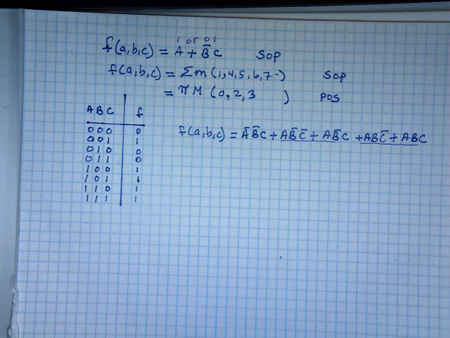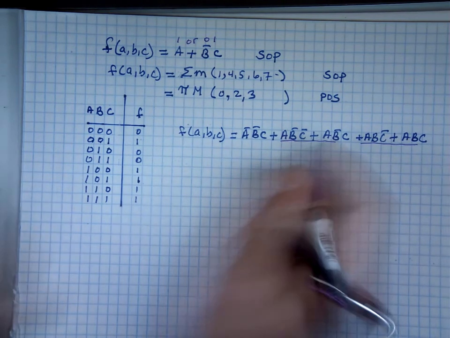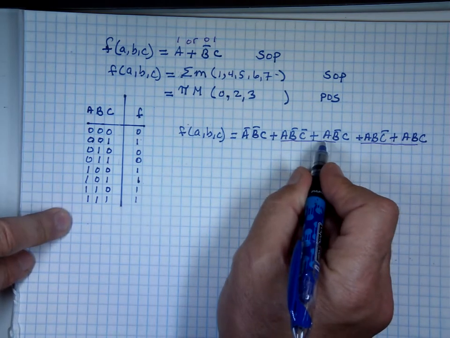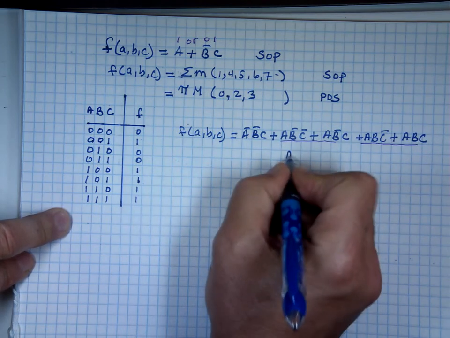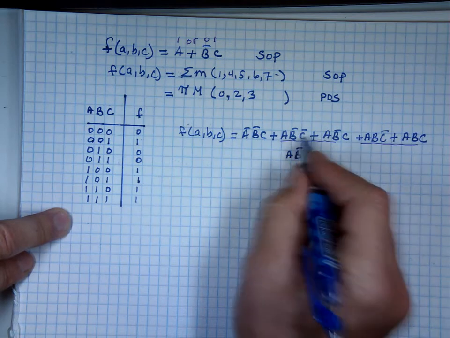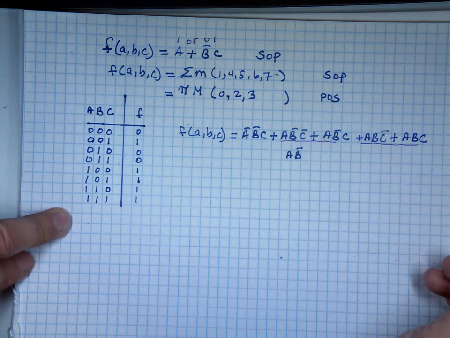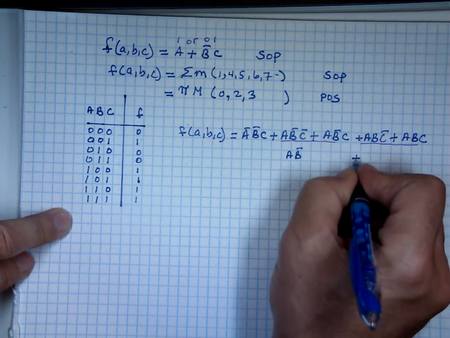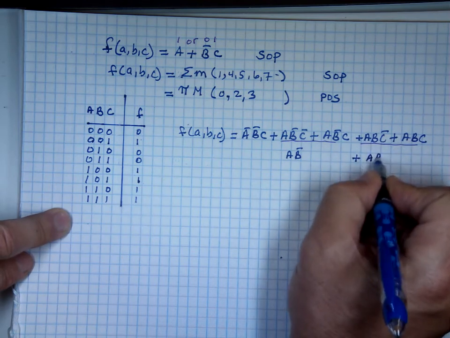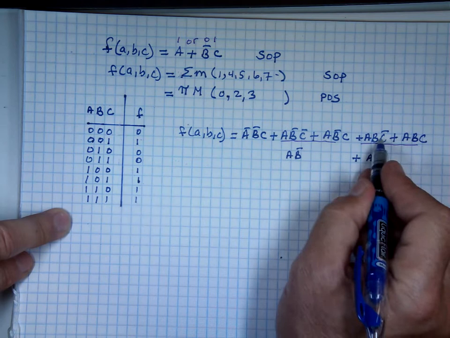If you look at these 2, I see what? A, B bar. This one. Why? Because you'll have C bar plus C. What is C bar plus C? 1. You look at these 2. What do you have? A, B. What's C bar plus C? 1.